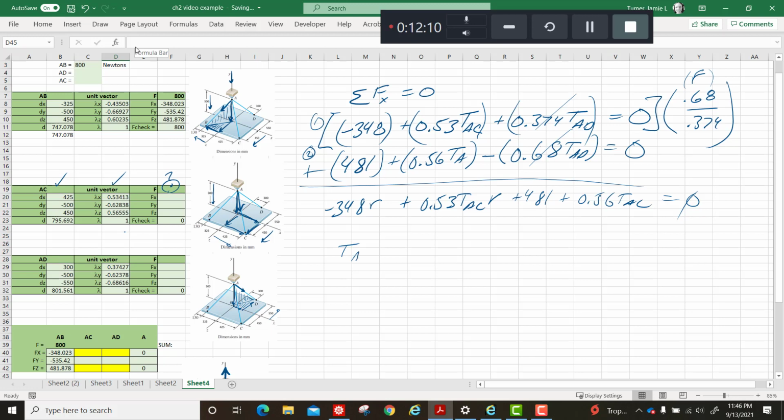So TAC times ratio. So there's my TACs, and that's going to be equal to 348 ratio minus 481.